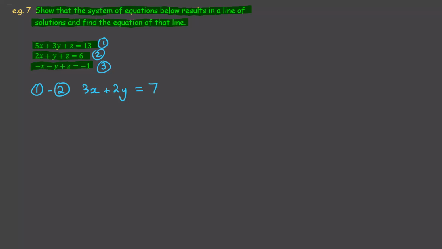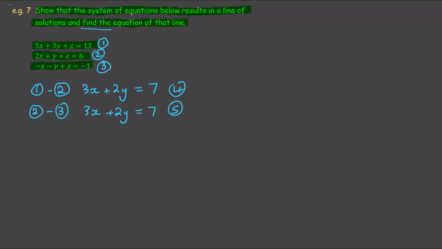Now if I do equation 2, take away equation 3, 2x take away negative x gives me 3x, y take away negative y gives me plus 2y, the z's disappear and 6 take away negative 1 gives me 7. We've got the same equation, 4 and 5 are the same. These are consistent equations and indicate that we'll get a line of solutions.